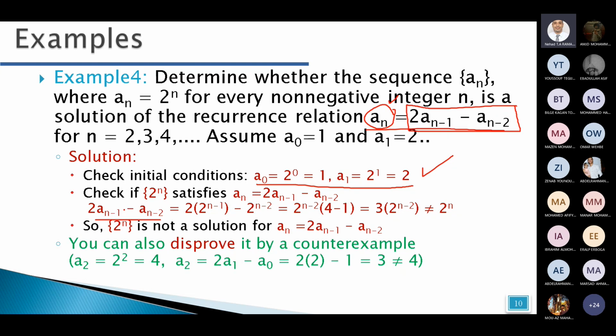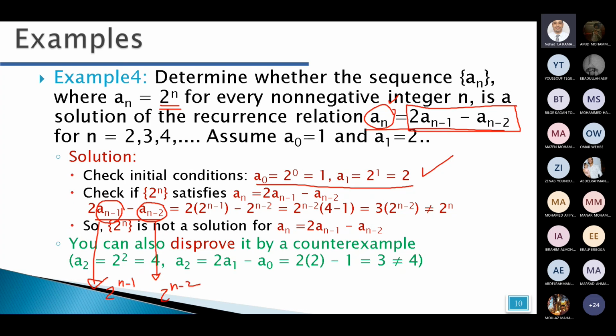We apply the solution for this term and for this term. So the solution for an minus 1 means 2 power n minus 1. For this one, it's 2 power n minus 2.